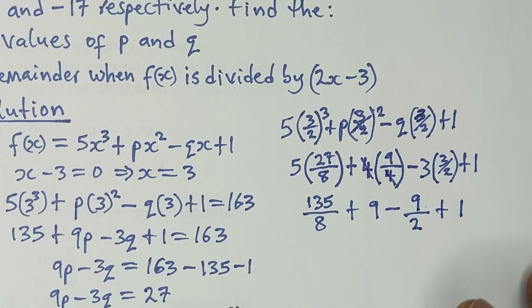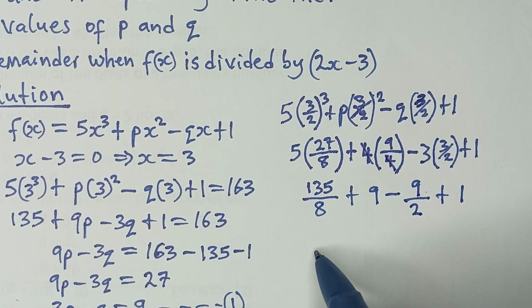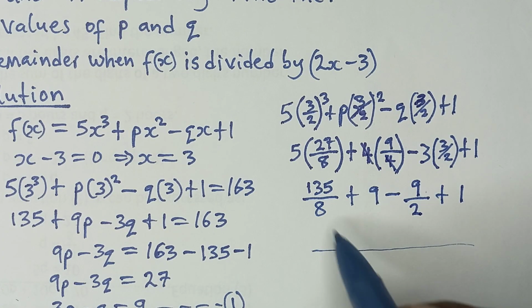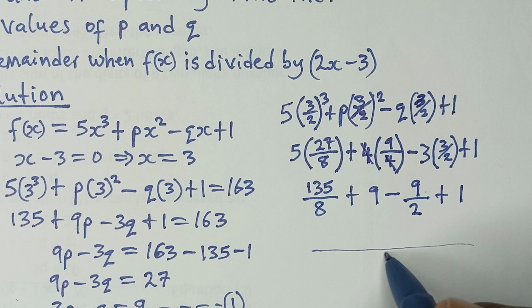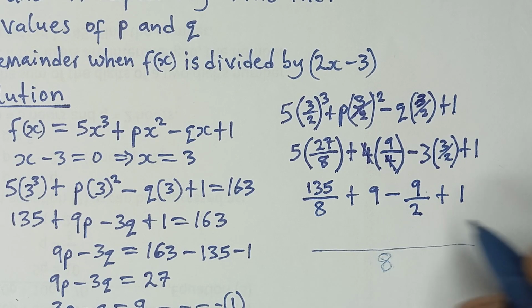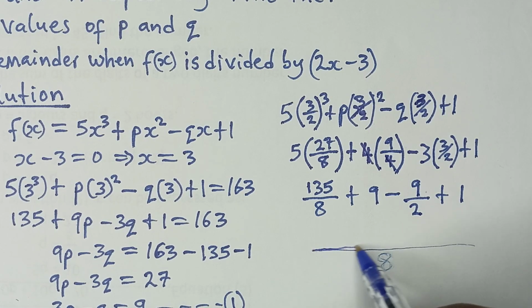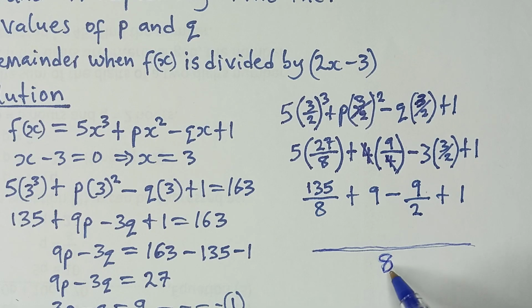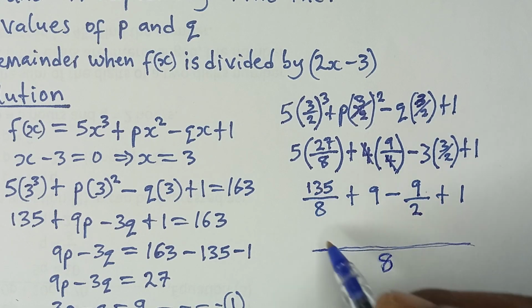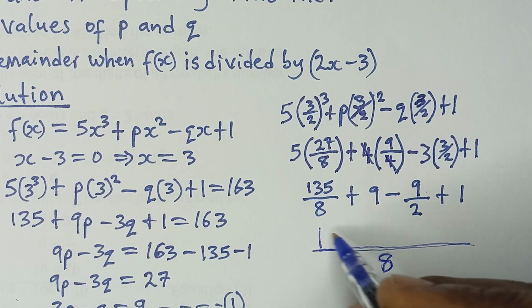And then from there now, we can obtain the LCM. The LCM of everything here is 8. So we can continue with that now and write the 8 as our LCM. 8 divided by 8 is 1, multiplied by 135 is 135.